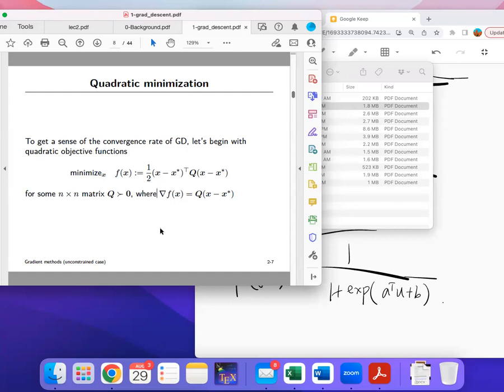But in this case, x star is actually the minimizer. Because once x reaches x star, this function is 0, but on the other hand, the function is non-negative because Q is positive definite. So 0 is the minimum value of this function. This is just to make things easier. In this case, we know the solution is x star.